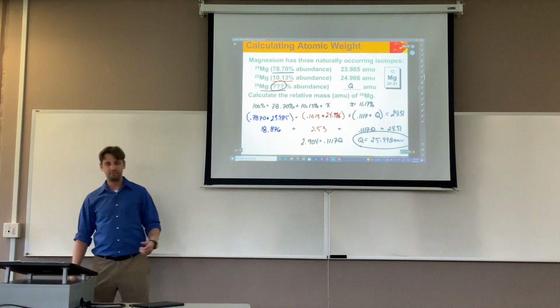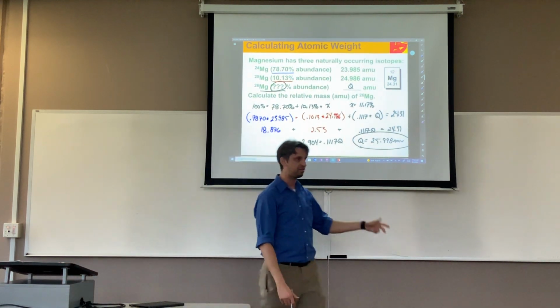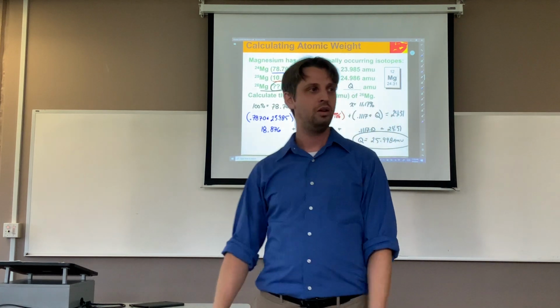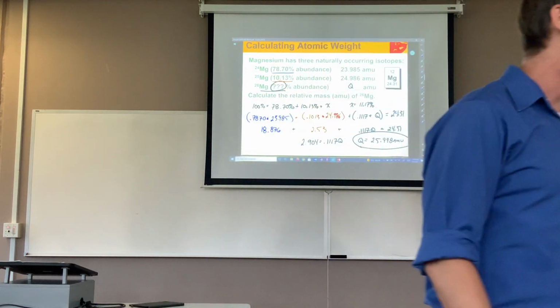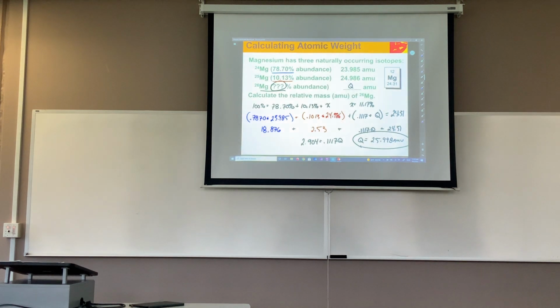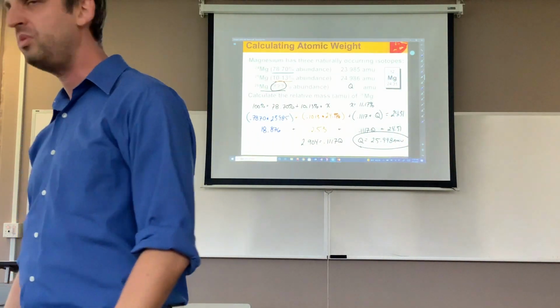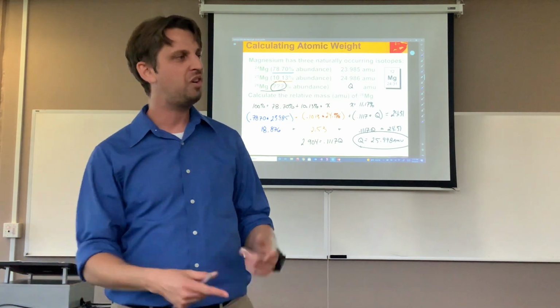Well, I'm given magnesium 24, 25, and 26. 24 has a mass of 23.985. 25 has 24.986. And I calculated 25.998. Does that seem logical that we're kind of stepping up each time by about 1? So do you think my answer is probably reasonable? Yeah. Good? So always go back and check your answer.